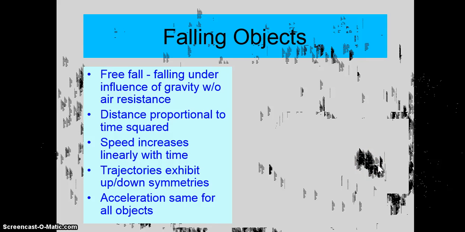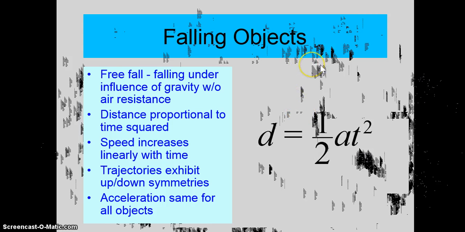It gets its own little symbol, little g, and that value is, of course, 9.8 meters per second squared. Free fall is falling under the influence of gravity without air resistance, so that equation describes falling without air resistance.